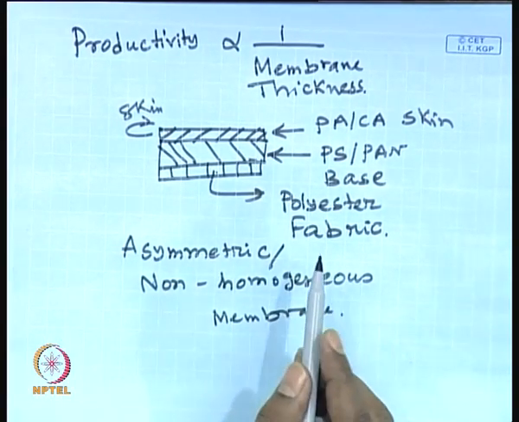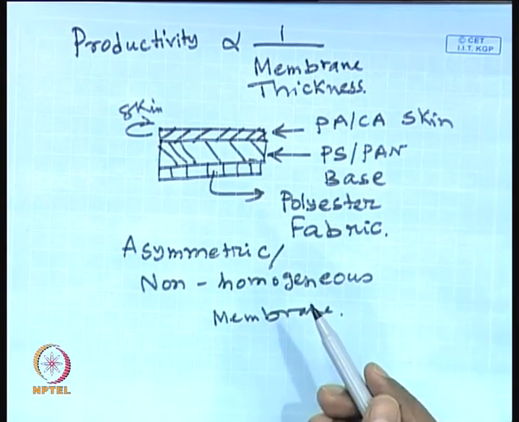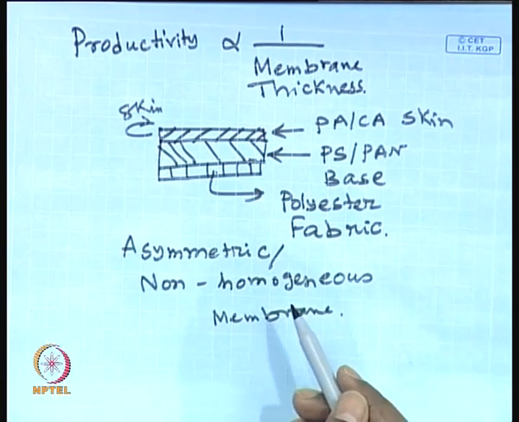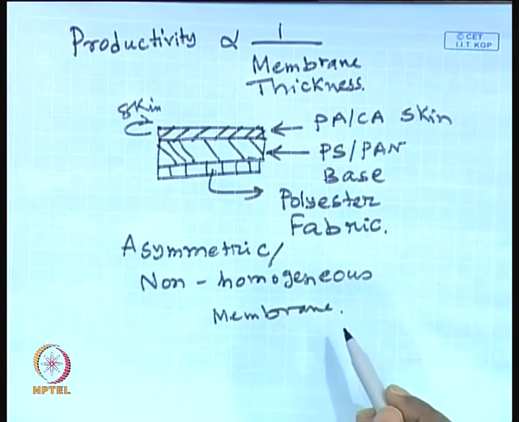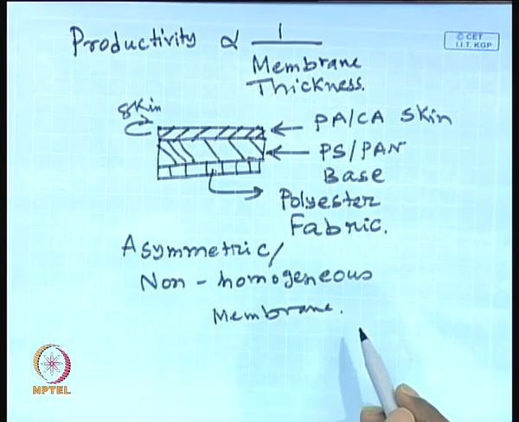So, in order to increase the productivity of the process, asymmetric membranes are quite important, and these asymmetric membranes were invented in the 1970s, and with the invention of asymmetric membranes, membrane based processes became more feasible as far as industrial or practical use is concerned.